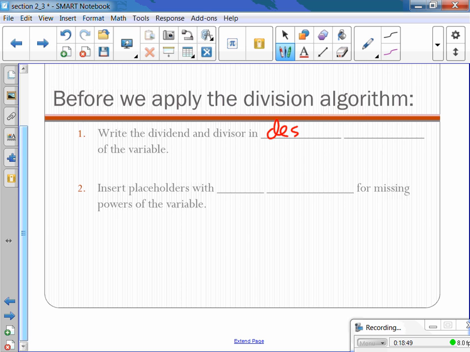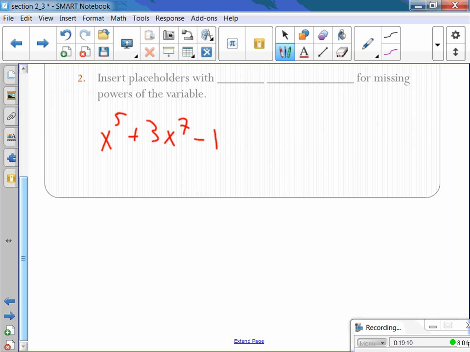Right, so if I had this, I would not leave my dividend or divisor like that. We would first put the 3x to the 7 in the first position, and then the x to the 5th minus 1. That's all that's saying.